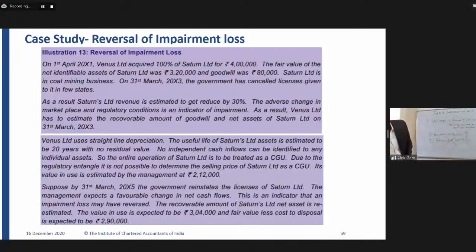This is illustration number 13 of the Institute study material, page number 7.239. First, we will read this case study. Then we will discuss this particular illustration.